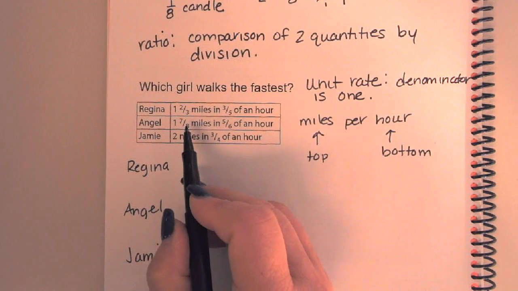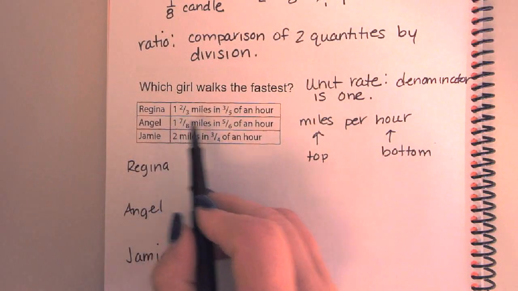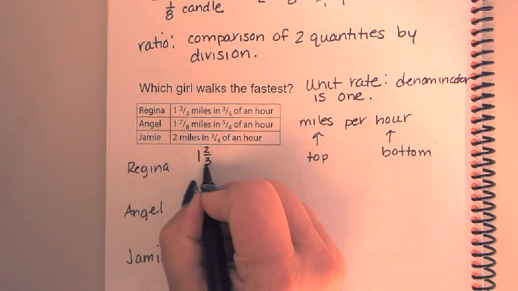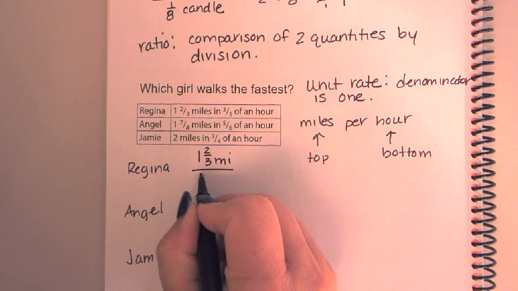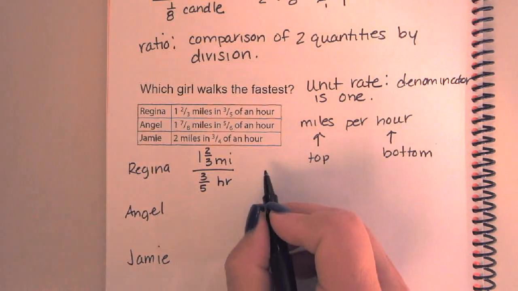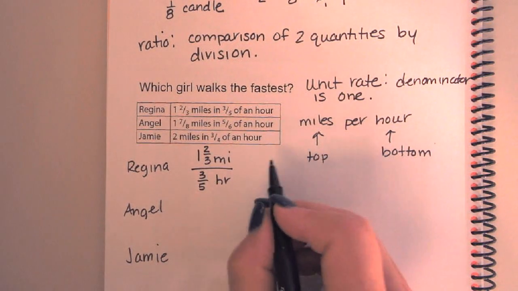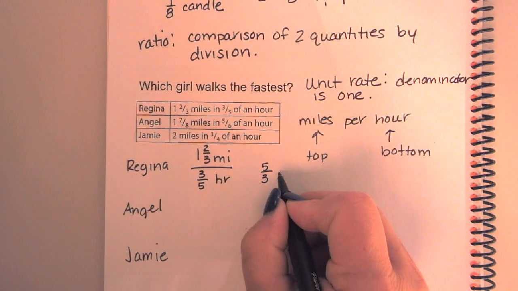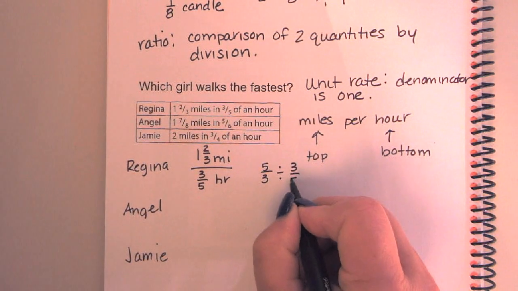So it says that Regina walked 1 2/3 miles in 3/5 of an hour. I'm going to change that to an improper fraction. So 3 times 1 is 3 plus 2 is 5. So I got 5/3 divided by 3/5.